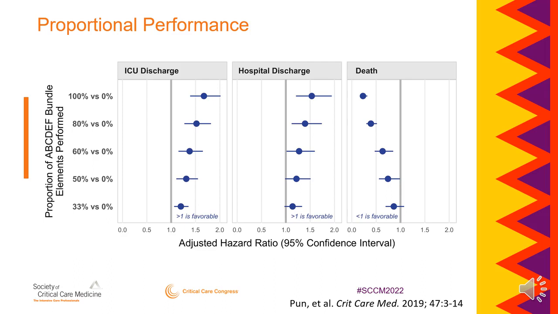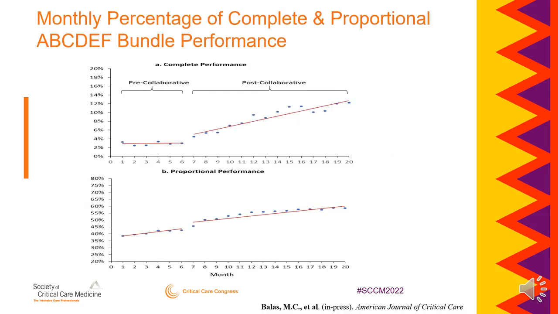Look at death, right? And this one's a little bit opposite because you want less than one to be favorable. But the more bundle elements that the patients got, the less likely they were to die. So both complete and proportional performance have been strongly demonstrated to be associated with improvements in a number of patient outcomes.